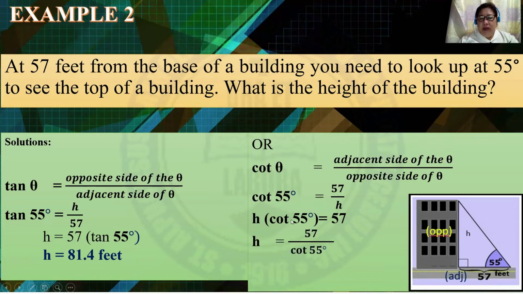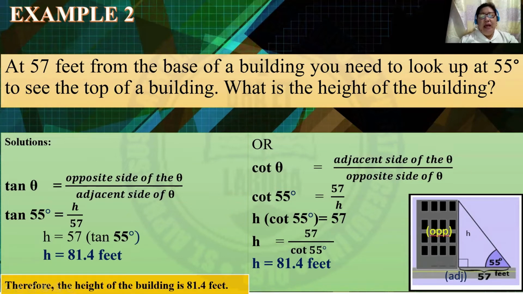And then we have to divide both sides by cotangent 55. So we have h is equal to 57 over cotangent 55 degrees. So we still have the same answer, 81.4 feet. Therefore, the height of the building is 81.4 feet, whether you're using the tangent function or the cotangent function.